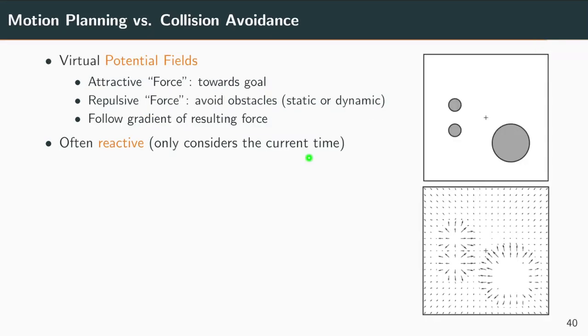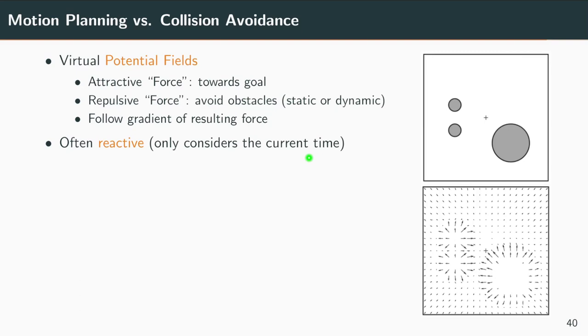Okay, and then another common term that you will find, maybe also if you've taken other robotics classes, is this term of collision avoidance. And it's very often mentioned when talking about motion planning. And even in motion planning lectures or books, there's sometimes chapters about this.